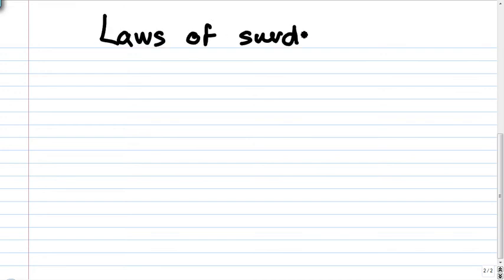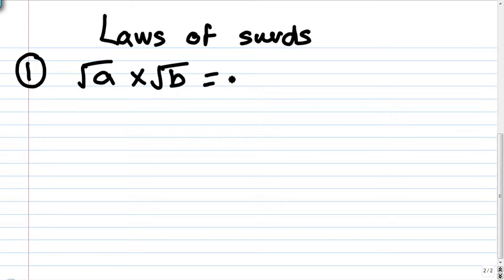The laws of surds. If you take rule 1, square root a times square root b, you can actually multiply it and call it square root ab.